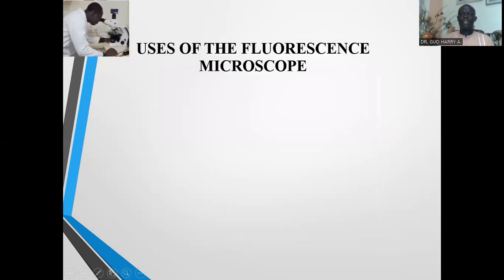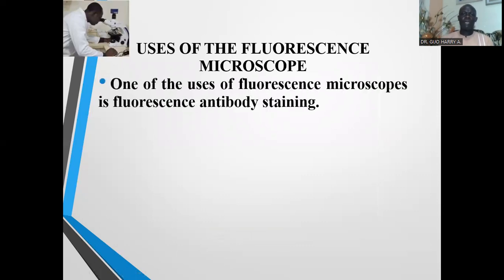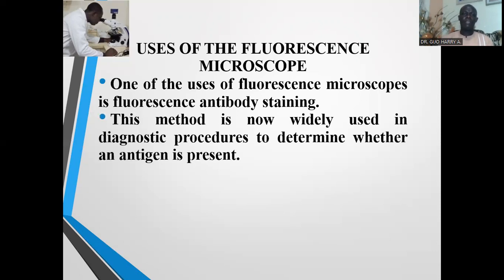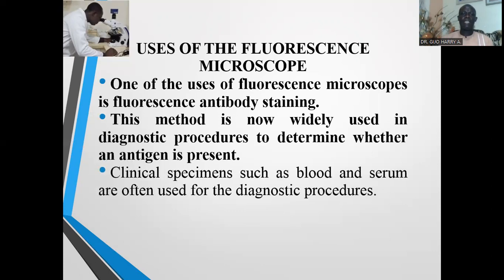What are the uses of the fluorescence microscope? One of the uses is fluorescence antibody staining. This method is now widely used in diagnostic procedures to determine whether an antigen is present.